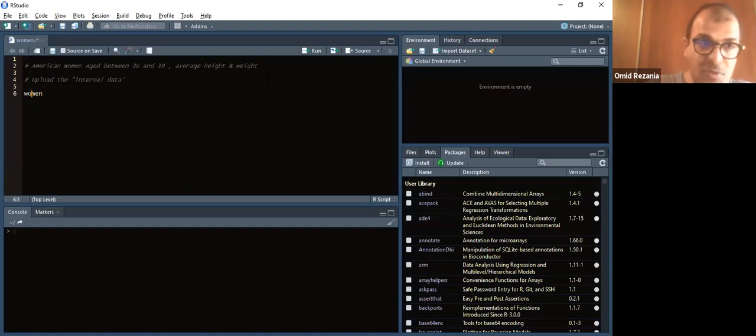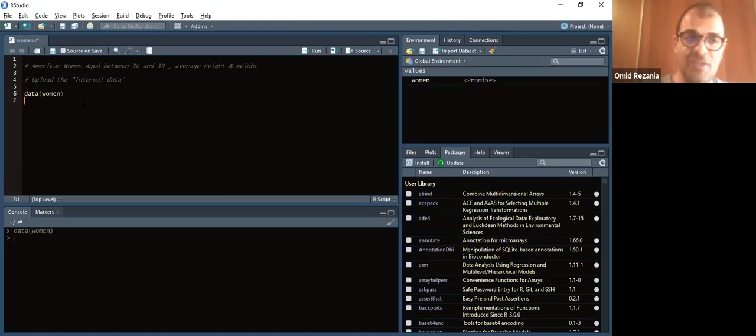In order to run it, I'm just going to write data and put the women inside the data command. I have data, parentheses, women, parentheses closed. And now that I'm ready to run this, I'm going to press control enter.